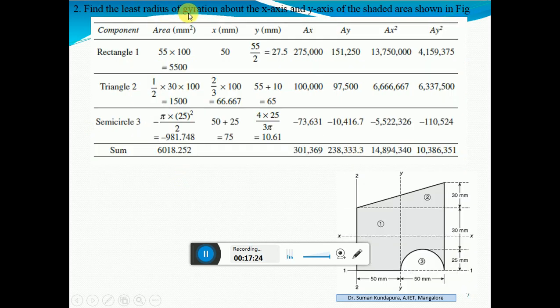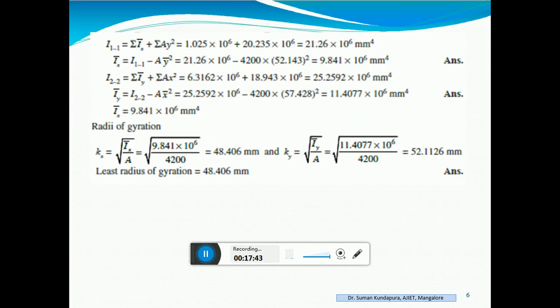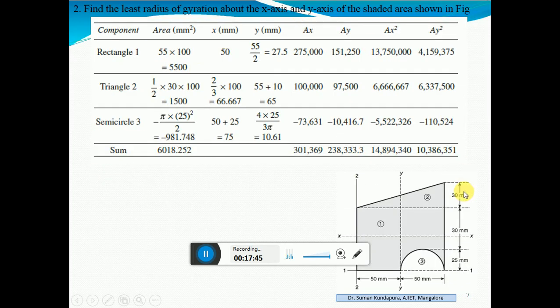Okay. We'll move on to the next problem. Find the least radius of gyration about the x-axis and y-axis of the shaded area shown in figure. So in the previous problem, we had directly a C-section. There is no shaded area and there is no cutoff area there. Here it is only the shaded area. Whereas in this next problem, you've already worked out moment of inertia problems in the second video lecture.